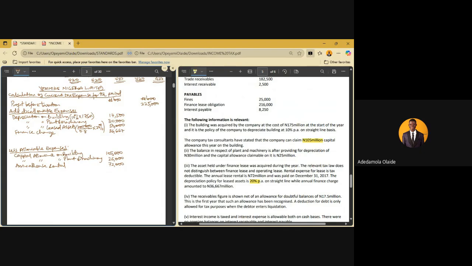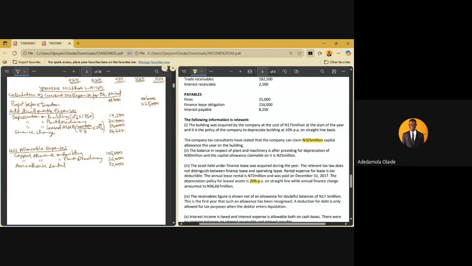So that is that. Okay, after finance charge, we have what? We have the receivable figure.